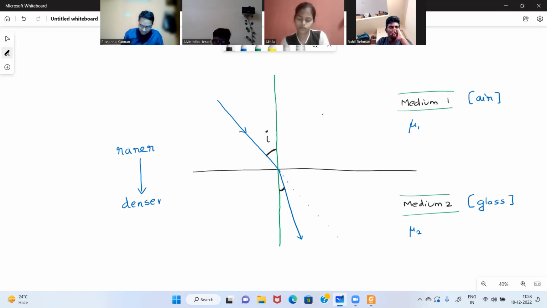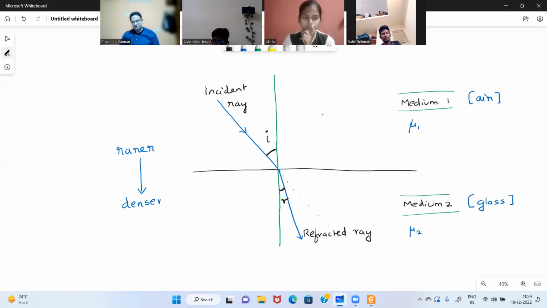So this will be the angle between the normal and the refracted ray. This is your incident ray, and this is the refracted ray, and this angle is called the angle of refraction. Clear?